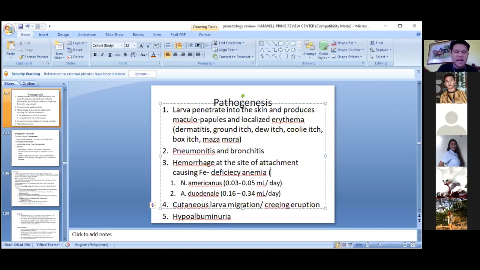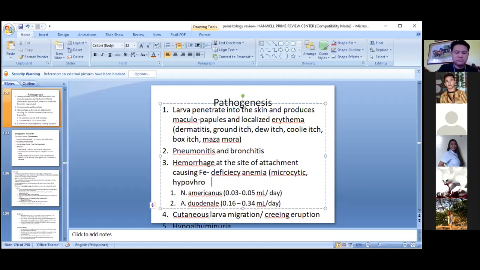Now, in terms of appreciation of iron deficiency anemia in your peripheral blood smear, this is described to be microcytic, hypochromic anemia. The red blood cells are microcytic and hypochromic for iron deficiency anemia.